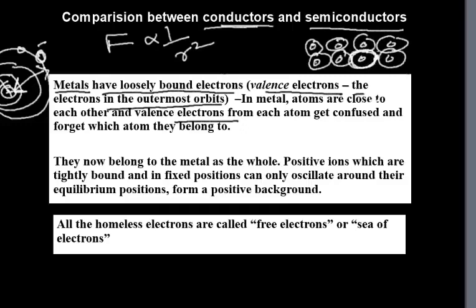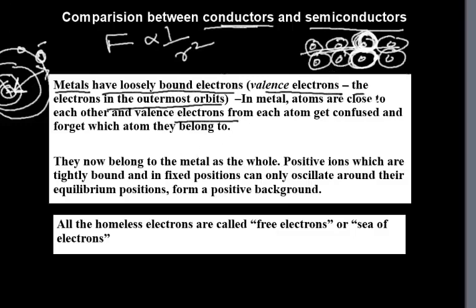During its revolution the electron can get confused at this place, like whether it is revolving in this orbit or this orbit. So electrons can start revolving in the orbit of any other atom because of that confusion. And why? Because they are very close. Atoms are very close to each other in metals.